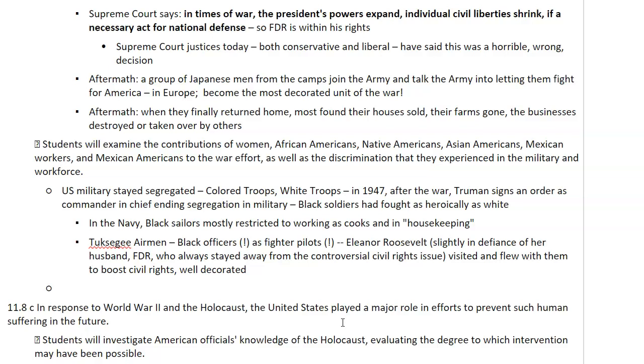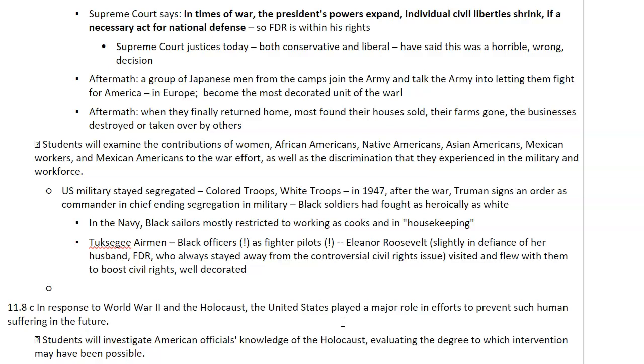Pilots are all officers. So these are black men who are officers in the military, who've trained as fighter pilots. They actually flew in combat, many of them, not all of the units did, and quite heroically and heavily decorated.